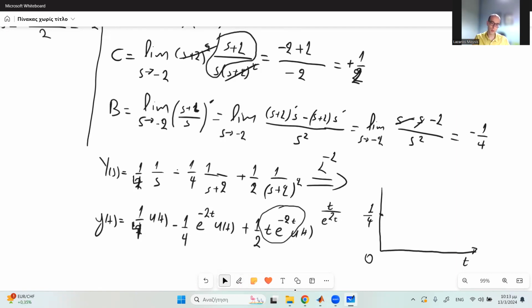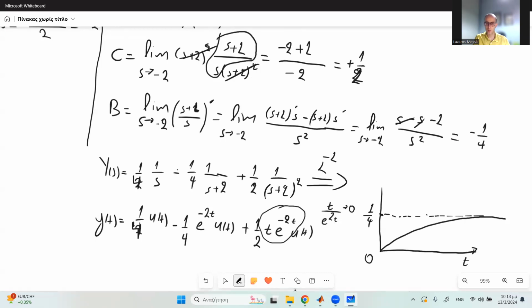But since this is an exponential function, the denominator goes to infinity at a much higher speed, and this is why this fraction eventually goes to 0. So of the three terms, two of them disappear, and the only term that remains is the step term.